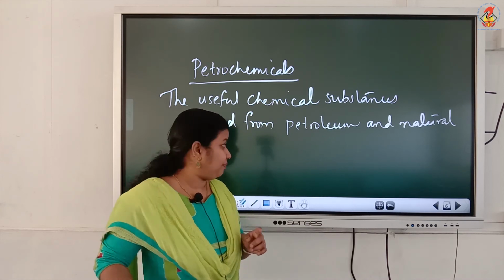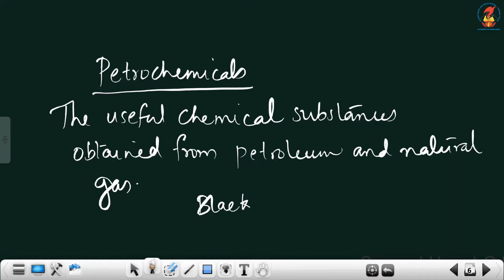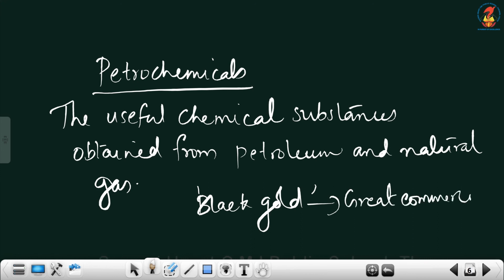And one more thing is that petroleum is known as black gold. Have you heard of that? Petroleum is known as black gold because of its great commercial importance. So we get a lot of useful chemical substances from petroleum.